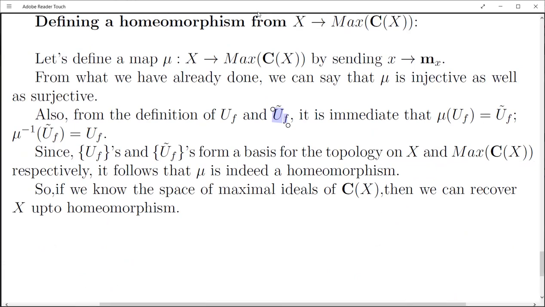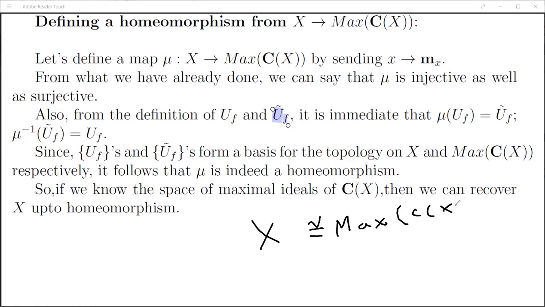So my space X is now homeomorphic to the maximal spectrum of C(X). On X, we have a compact Hausdorff topology, and on the right hand side, you have the standard Zariski topology.